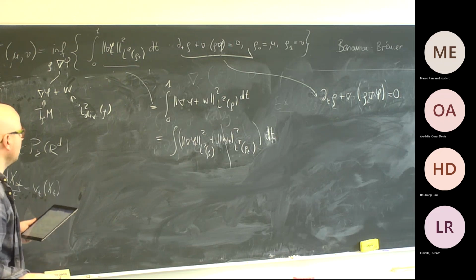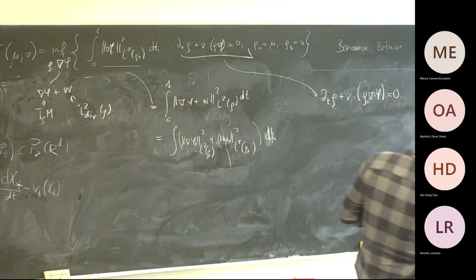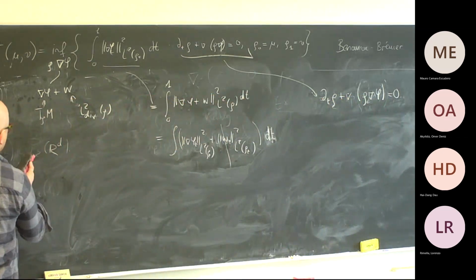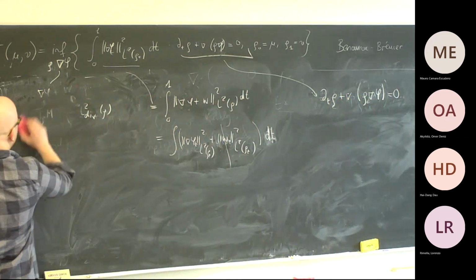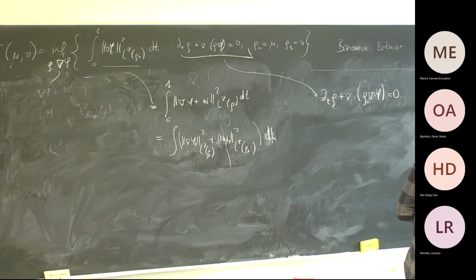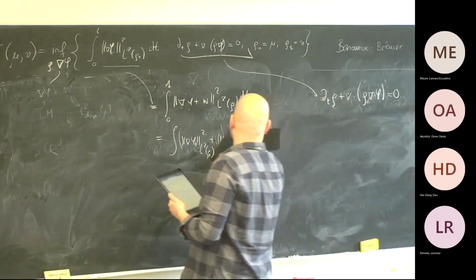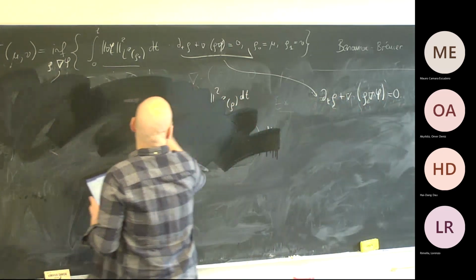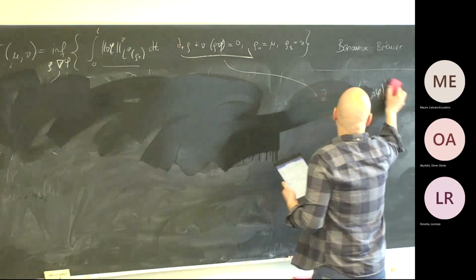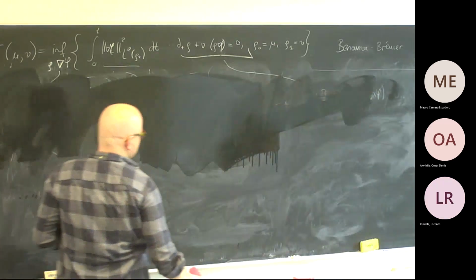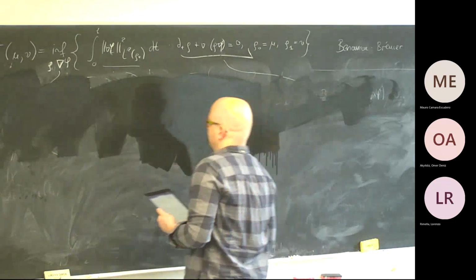Okay, yeah, so now we're going to, okay, I don't know. I should write it down, eh? Yeah, I guess so. Let's try. Okay, so we're going to come now to the Riemannian structure.